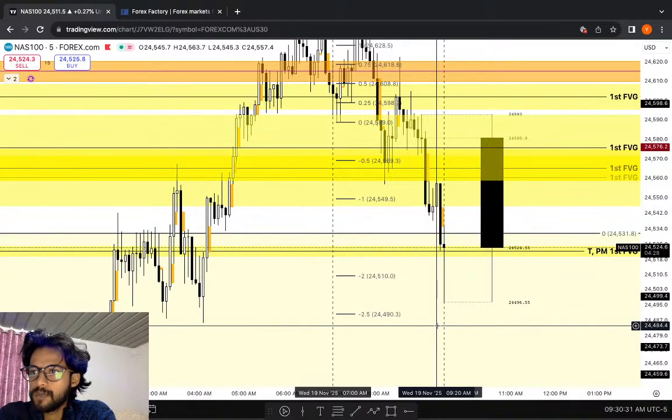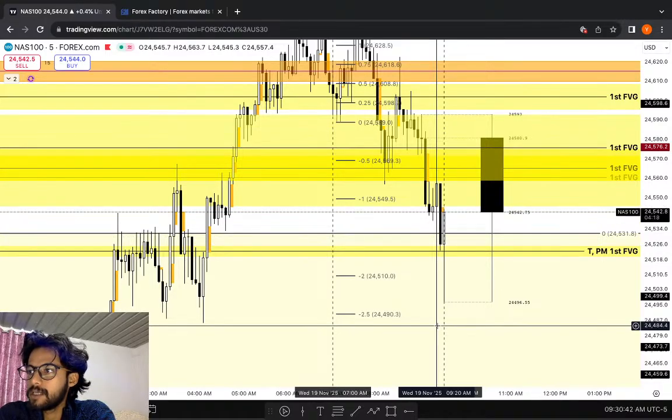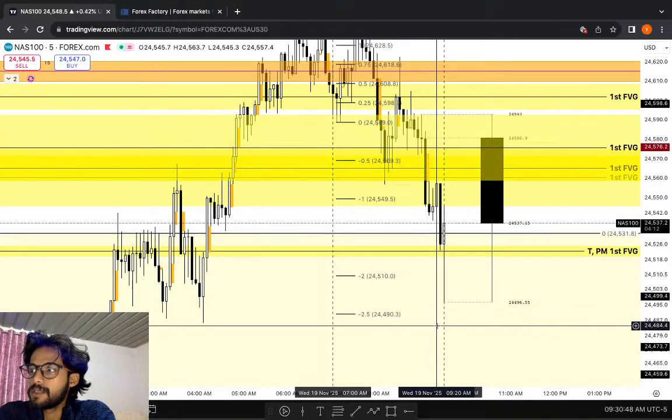Let's see if we can move higher now and take people out on the upside. Let's see if we can just continue to move higher just like that. See if we can just break out some highs now. That will be interesting to watch for how this candle closes.